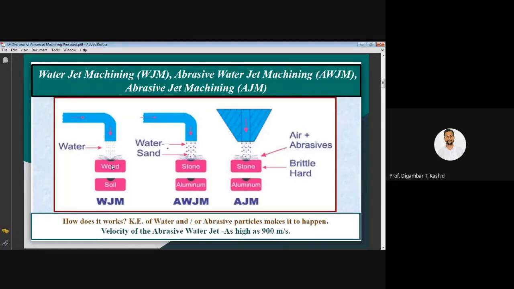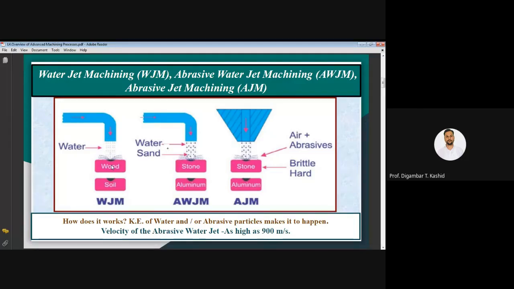This question arises because we studied that the tool material should be harder than the workpiece material. This is our theory from conventional manufacturing or machining processes. Our tool material should be harder than the workpiece material. But here a reverse situation is there. Water is going to cut that wood.